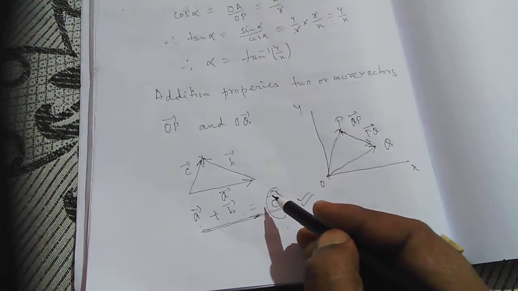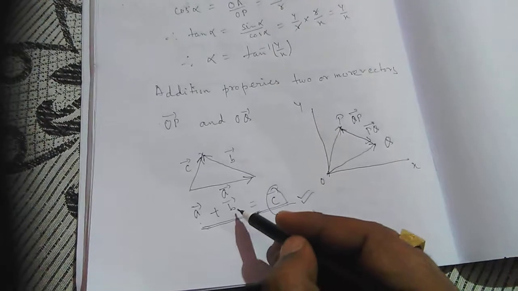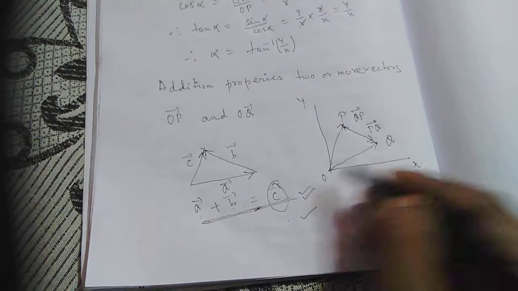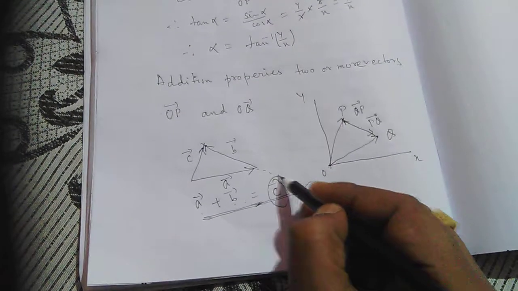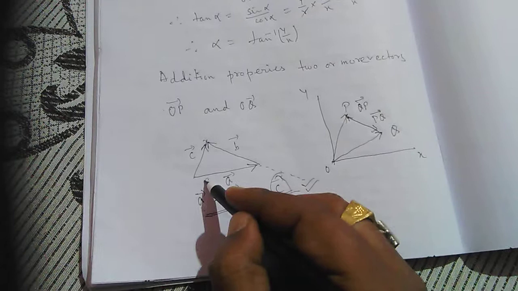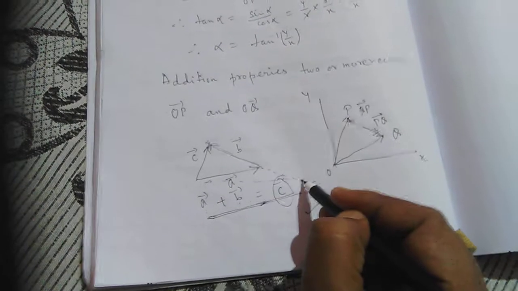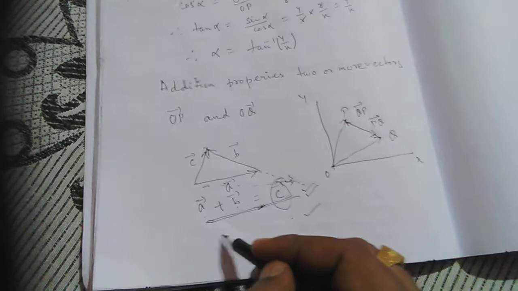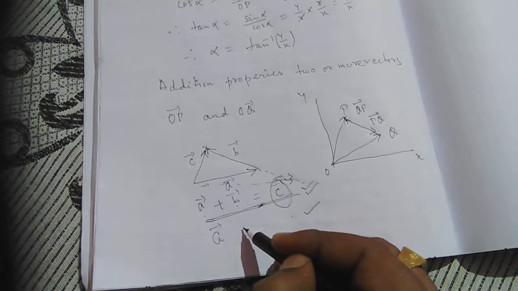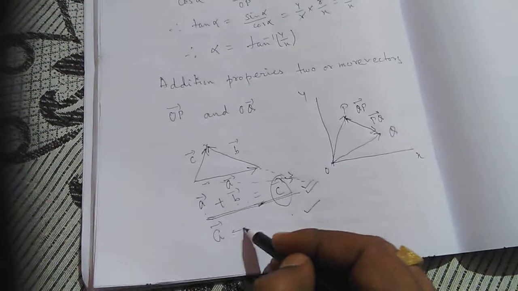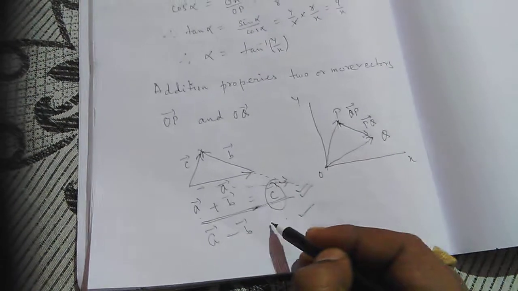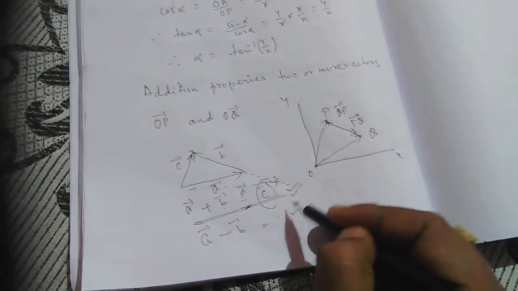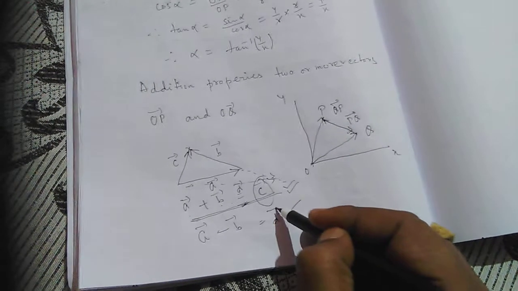Subtraction is also very easy. Just we will take b vector minus, meaning b vector's opposite direction, here in this way, then the third vector will be in this way. We can write a vector plus minus b vector is equal to, here we get another third vector d vector in reverse order.